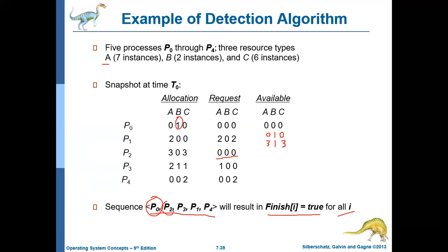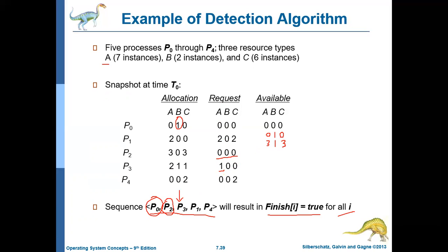Now next in the order we have P3. P3 needs one more instance of resource A to complete, because it is requesting one more instance of A. Can the operating system give it? Yes, it can give, because the request is less than available.